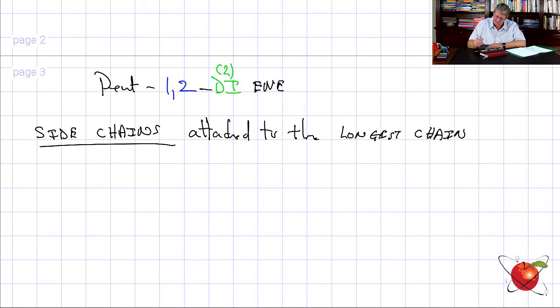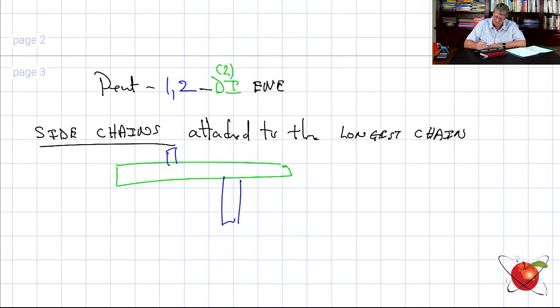Remember, we identified the longest chain as that, and we said our side chains are going to be blue bits and pieces, but now we can add loads of different stuff onto them, all right? Because this chain can be quite long. We can add stuff onto it.